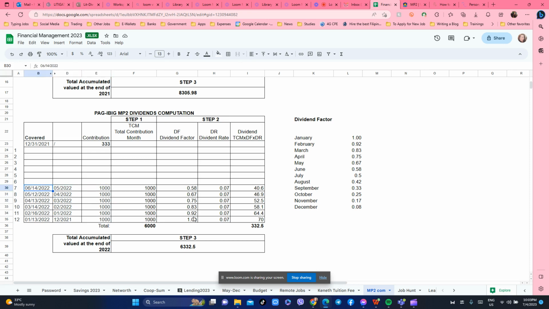So if you put the whole contributions here, 1,000 here. And for December, we have 0.08. For November, this one muna. For July, we have 0.5.